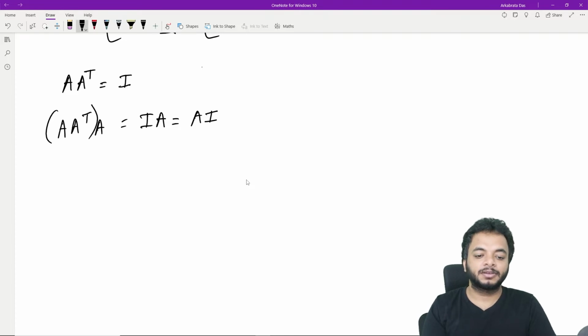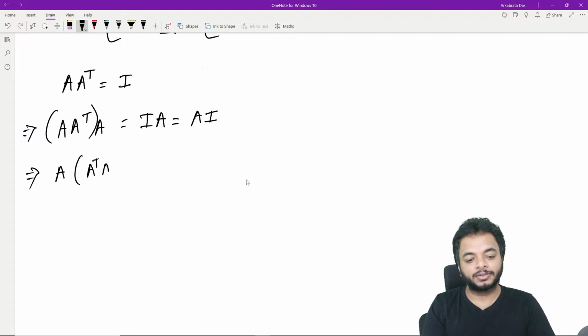Okay, so now matrix multiplication is associative, so we can say that A transpose A is equal to AI.